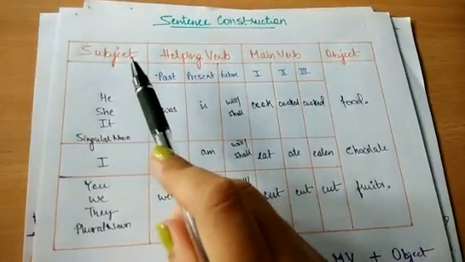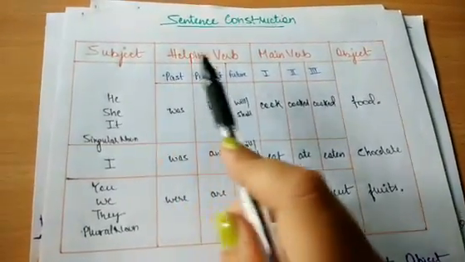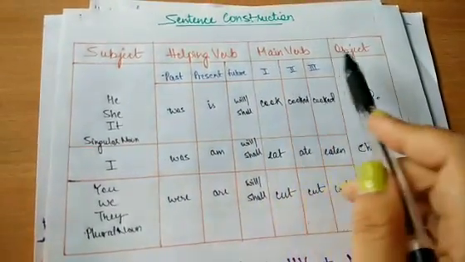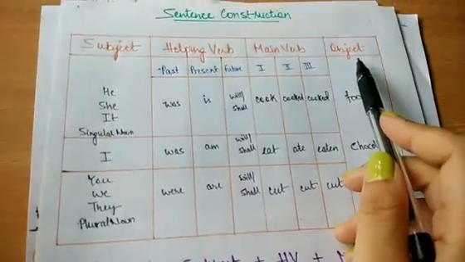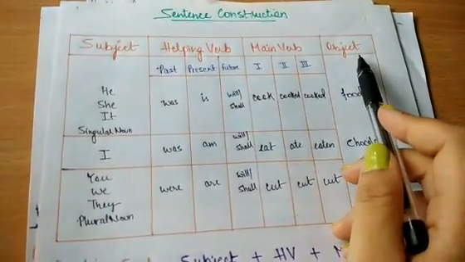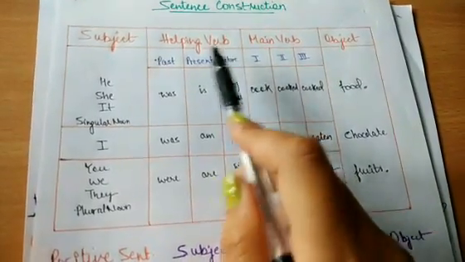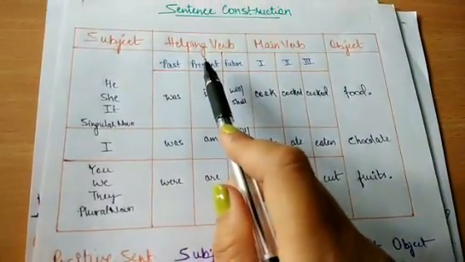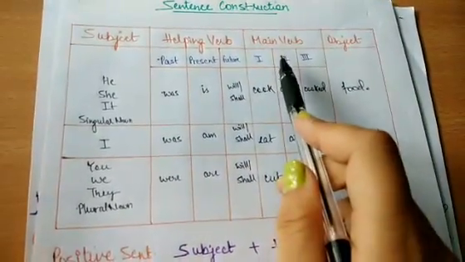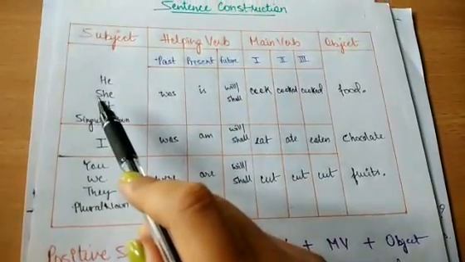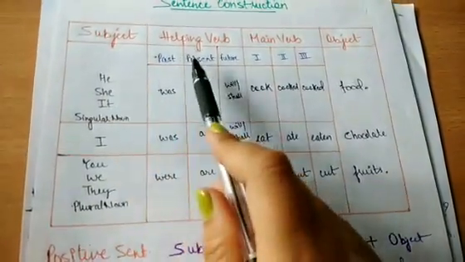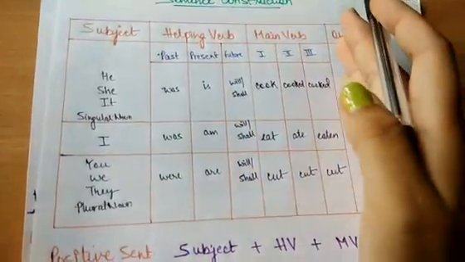A sentence has 4 parts: subject, helping verb, main verb, object. But note that every sentence doesn't have all the 4 parts. A sentence can have only helping verb, main verb and object, excluding the subject. A sentence can have subject, helping verb, main verb, but not the object.